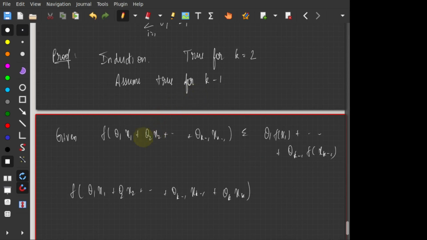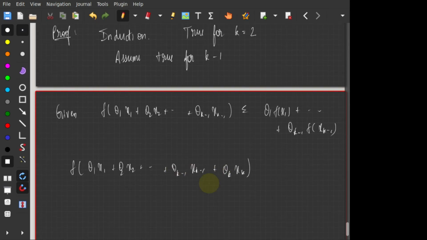But there's a slight difference between this and this. In this case, the summation of theta 1, theta 2 up to theta k minus 1 is equal to 1, whereas in this case, theta 1 plus theta 2 up to theta k is equal to 1. So how would you prove the induction step?